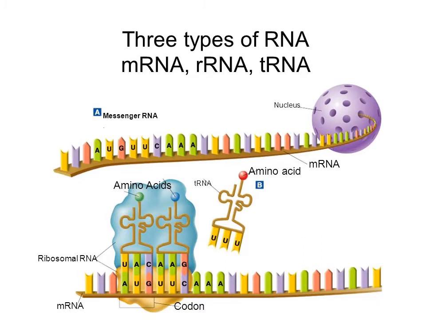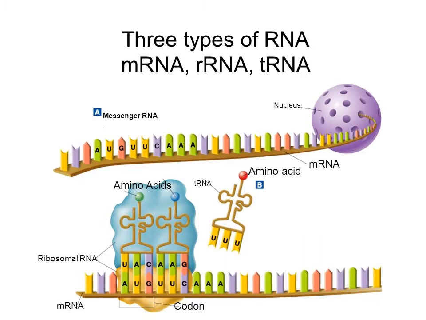And you can see the messenger RNA, which was copied off of the DNA in a process called transcription, has now come out into the cytoplasm. It's just a long single strand of nucleotides that have just been copied from the information that was on the DNA.